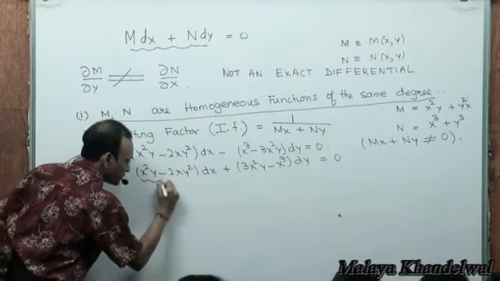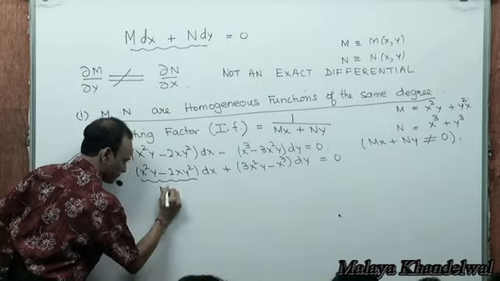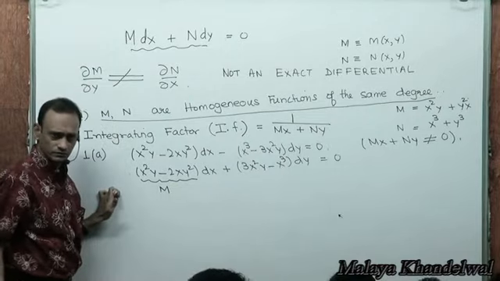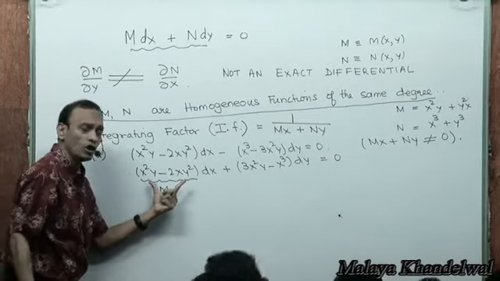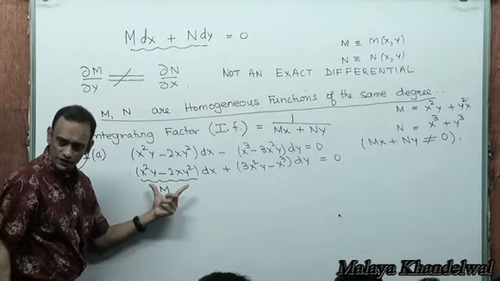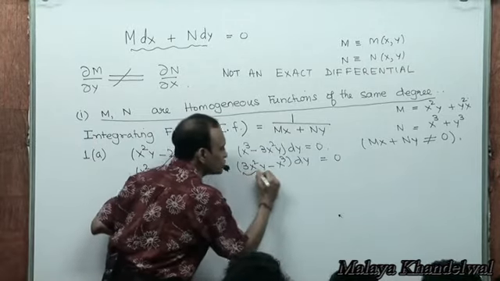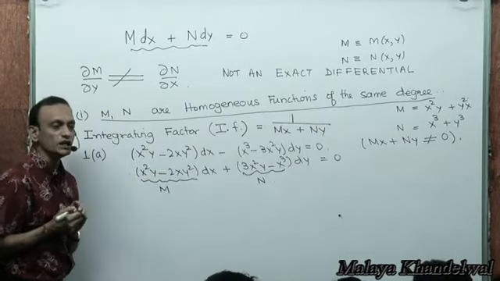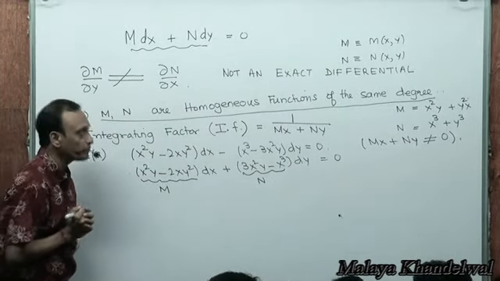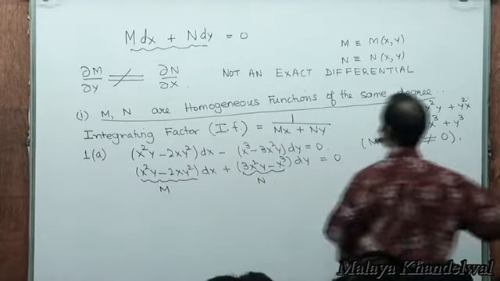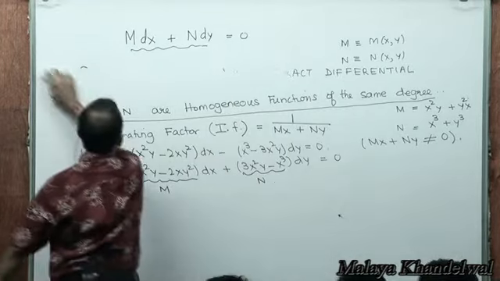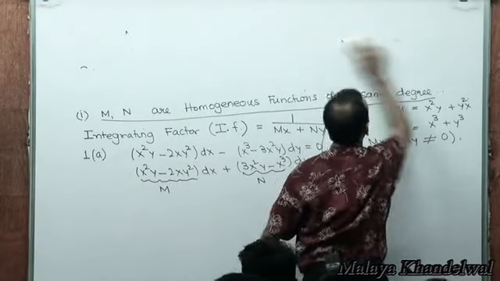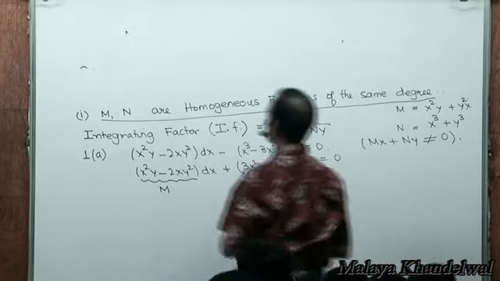So this is going to be my M, a function of x and y, a homogeneous expression of degree 3. And this is going to be my N, another homogeneous expression of degree 3. So my integrating factor for such a situation is 1 by Mx plus Ny.